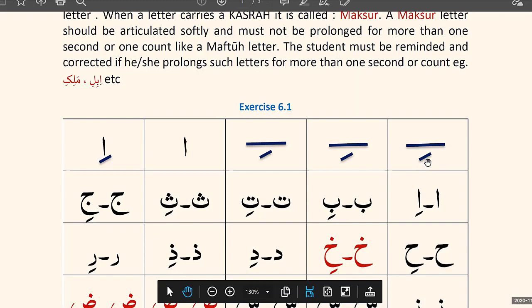Now, a slanted stroke beneath a letter or below a letter is called kasra, and kasra basically means broken, meaning inclining downwards.